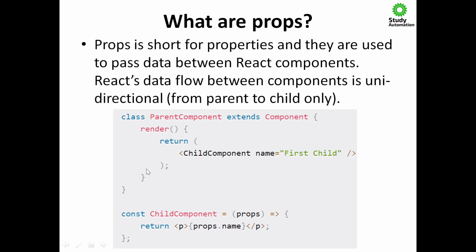In this example, we have a parent component, one of the classes, which returns a child component, and in the child component we are just passing the attribute name. This name will be used in the child component through props. In the child component we pass our parameter props and then return props.name.